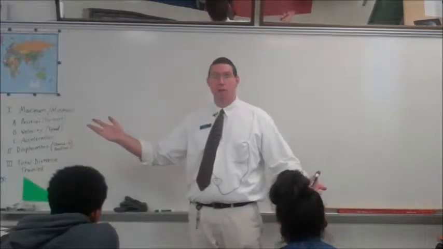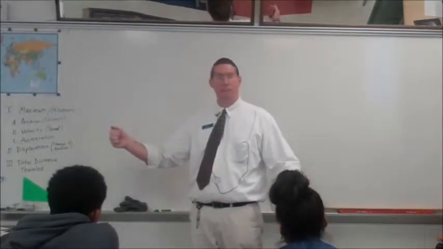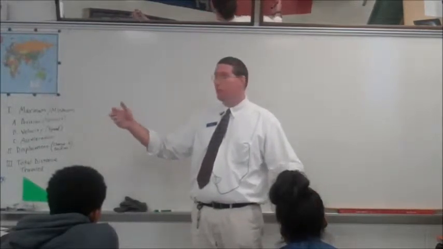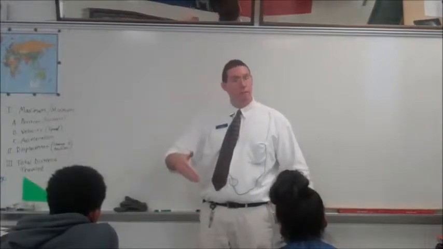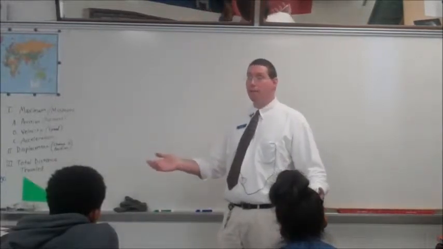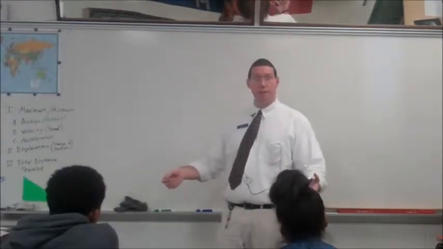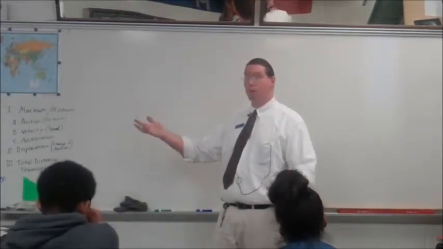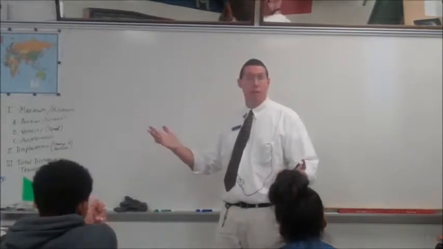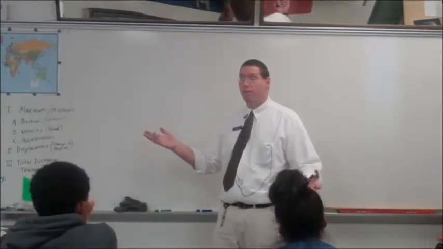If acceleration and velocity are both negative, it's speeding up. If both are positive, it's speeding up. If they have different signs, then it's slowing down. If acceleration is negative and velocity is positive, it's slowing down, and vice versa. That's all you have to know about speeding up and slowing down.